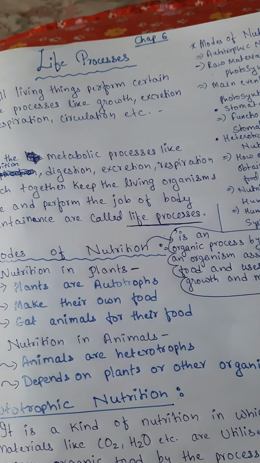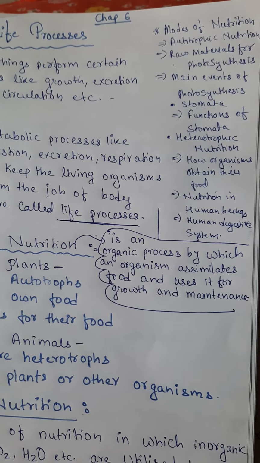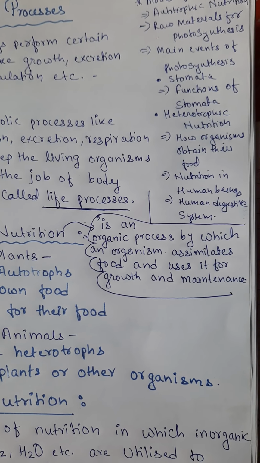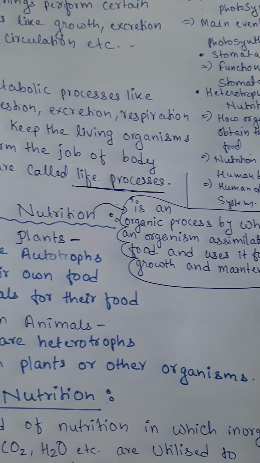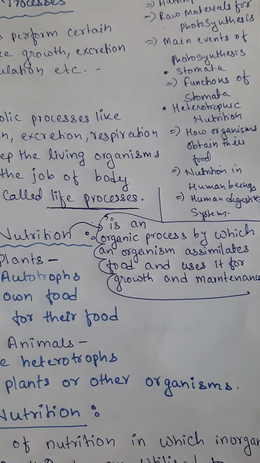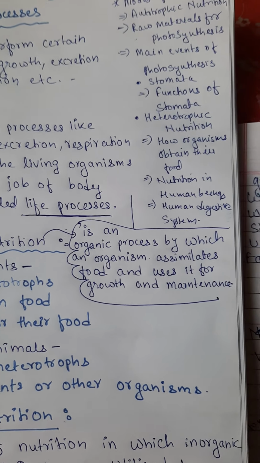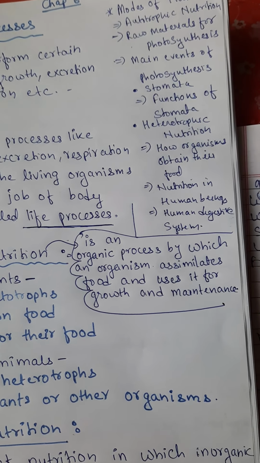Next, about nutrition. How can we define it? It is an organic process by which an organism assimilates food and uses it for growth and maintenance. Now we know that organisms take in food and change it to a simpler form, and it is assimilated to different parts of our body in the form of energy for growth and maintenance.